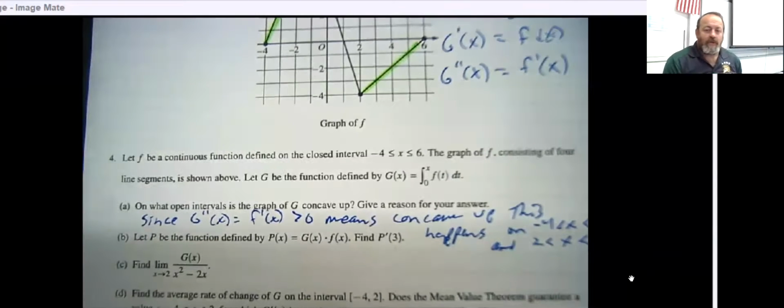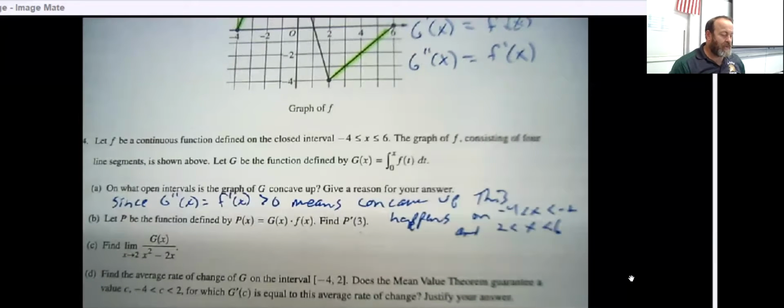Literally that's all that we needed to say, that since g double prime is f prime, I needed that to be greater than 0, and we're good to go.